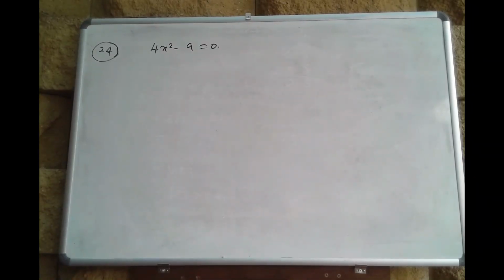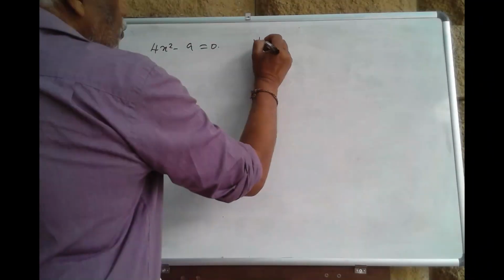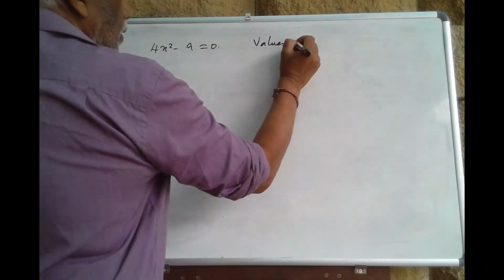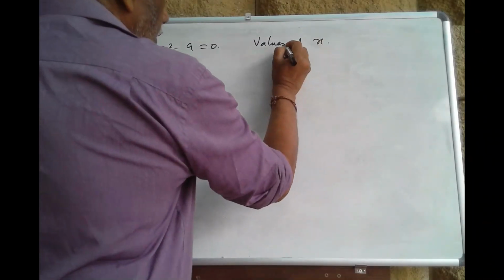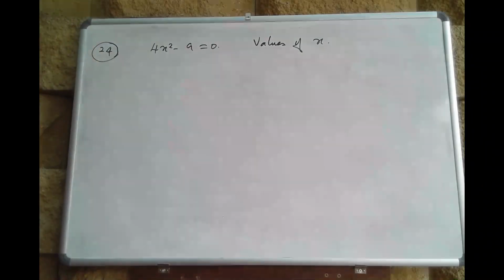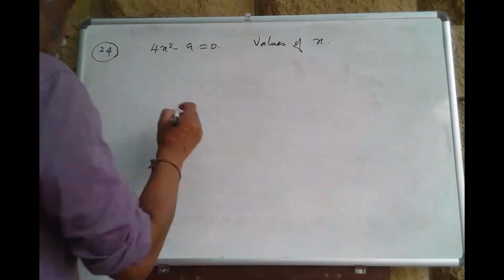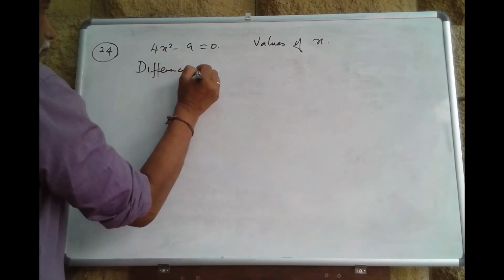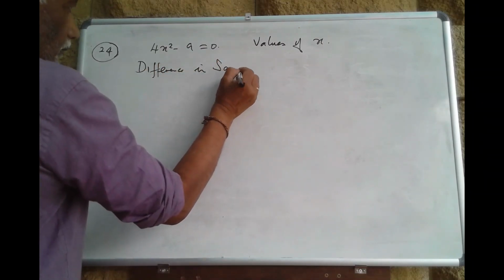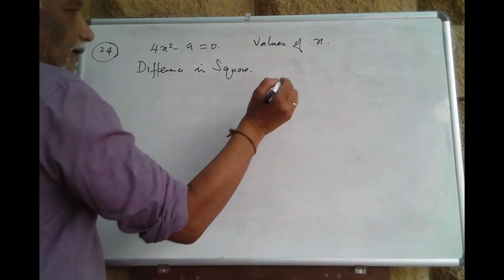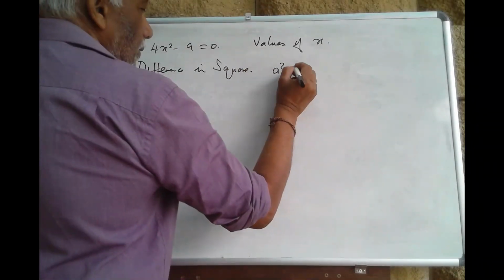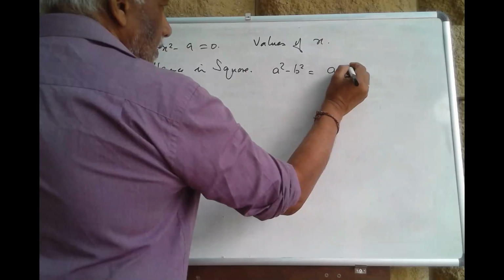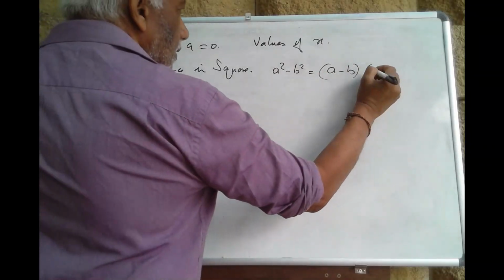Question number 24. 4x squared minus 9 equal to 0. So find the values of x. It's going to have two answers. For this, you need to know what we call the difference of squares: a squared minus b squared gives the answer a minus b and a plus b.